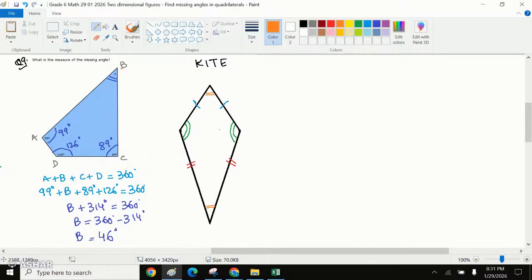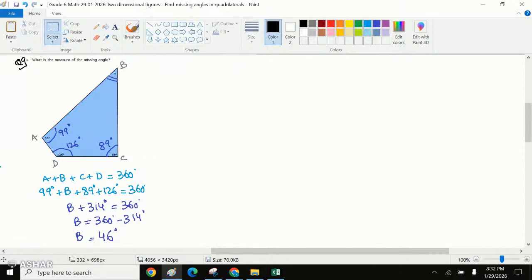Now it would be more difficult for you because we need to break this into right angles. Let's skip the kite for now, because if we need to make a right angle, this would be 90. I'll do it later, because we are doing irregular shapes right now.